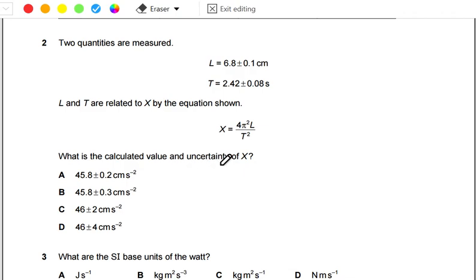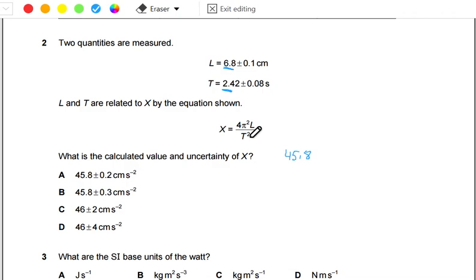To get the uncertainty of x, we first can find the value by substituting L and T. It will be 45.8. To find the uncertainty, it is a division, and here is a multiplication.